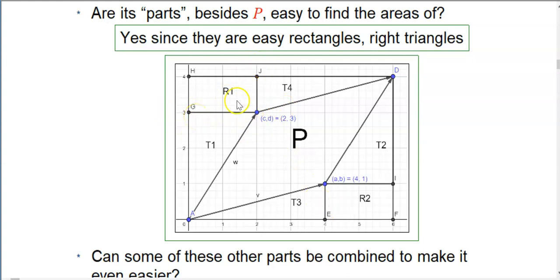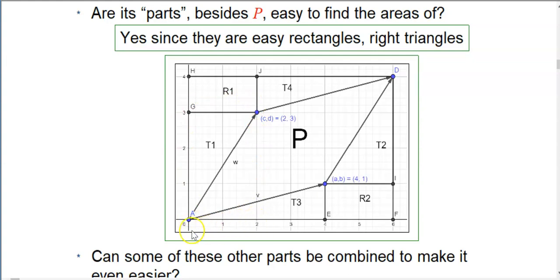Very similar for R2. Doesn't it look like R1 and R2 look exactly the same? Why don't you think about that? Let's see if you can get the area for that one. When you combine T1 and T2, remember that's the rectangle that if we actually filled in this point at 2, 0, we would just get the T1 plus T2 combination rectangle.